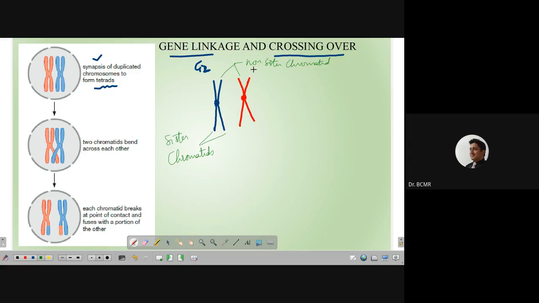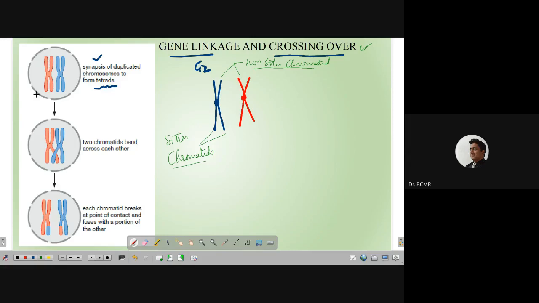What we should notice is that crossing over almost always happens between non-sister chromatids. That we have discussed. If it happens between sister chromatids, there is no exchange of information. It is just a waste of undergoing all that process.